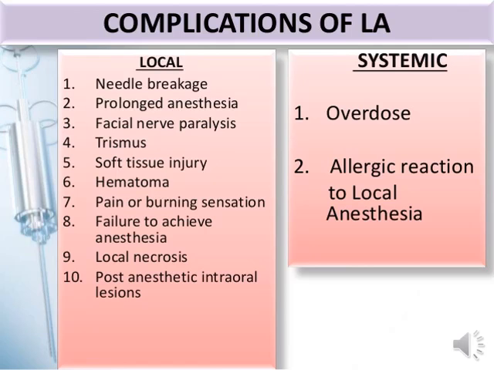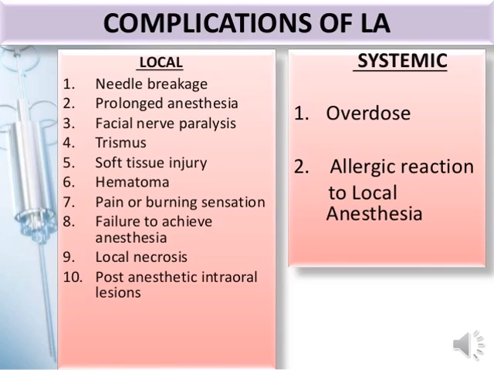Now in this slide we will discuss the complications of local anesthetics. Sometimes when a large dose of local anesthetics is given, certain complications can occur. The complications of local anesthetics can be divided into two groups: number one is the local complications, number two is the systemic complications.